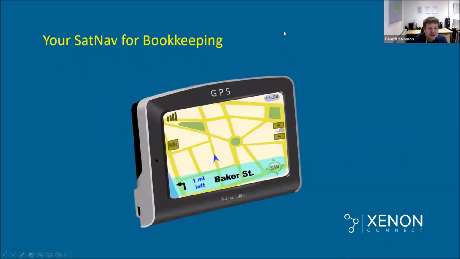So the way I like to think about it is this. I recently did a quick pitch at the Bookkeepers Summit down in London, and I was trying to explain in 1 minute what Xenon Connect does. So I gave the analogy of being able to drive. If you can drive, presumably you've passed your driving test. For example, myself, I've had thousands of hours driving experience. I know the general direction I want to go if I'm going somewhere.